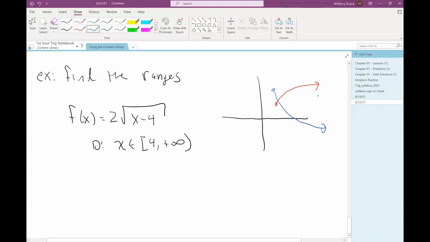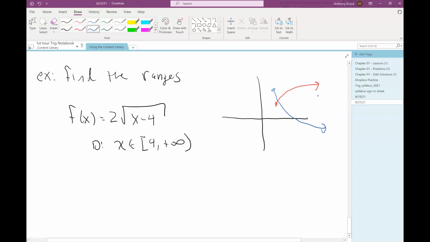But it was either one of those two shapes. Everybody's okay there? So that red shape is increasing because as I go to the right, the graph is going up. It's getting taller. The blue graph is decreasing because as I go to the right, it's getting smaller, right? It's heading down. Everybody's okay with that idea?